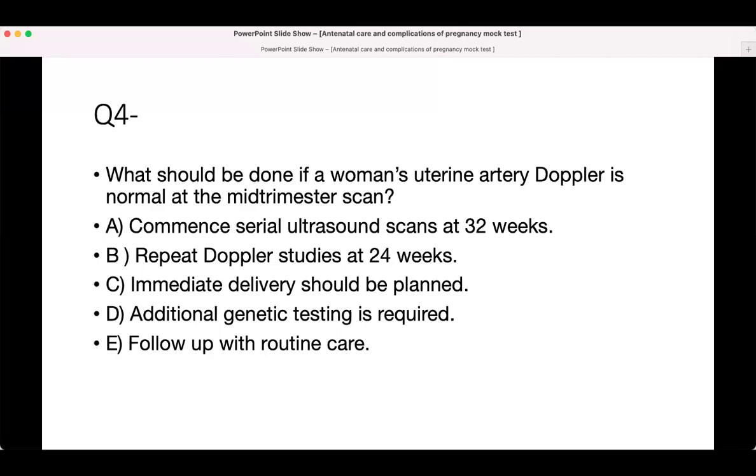What should be done if a woman's uterine artery Doppler is normal at the mid-trimester scan? A woman screened and she had uterine artery Doppler and it's normal. What shall you do?